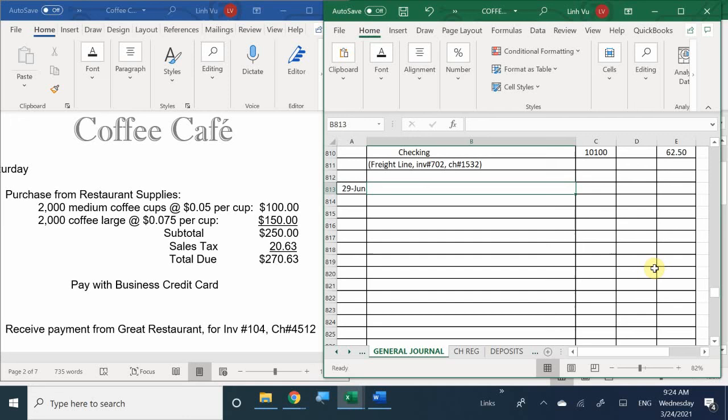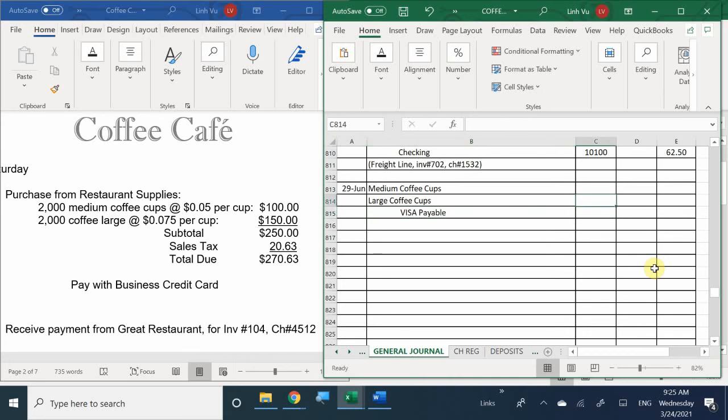We're going to debit our medium coffee cups. We're going to debit our large coffee cups. And yes, we paid with our Visa credit card. So we're owing a lot of money.